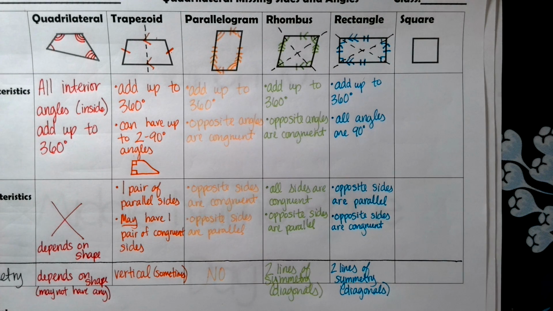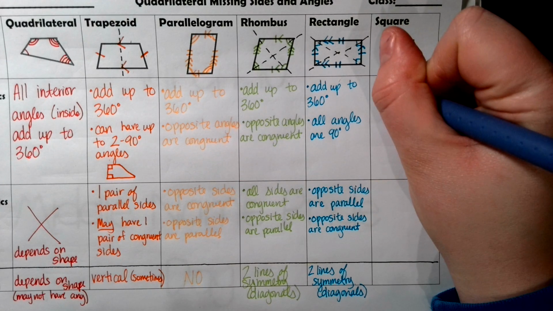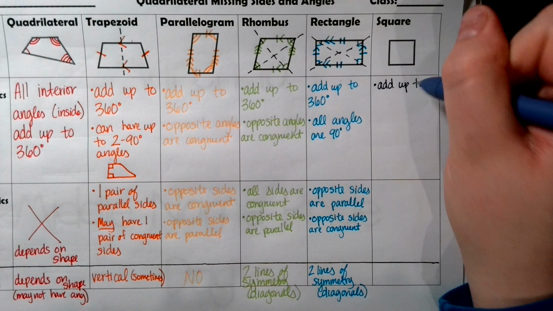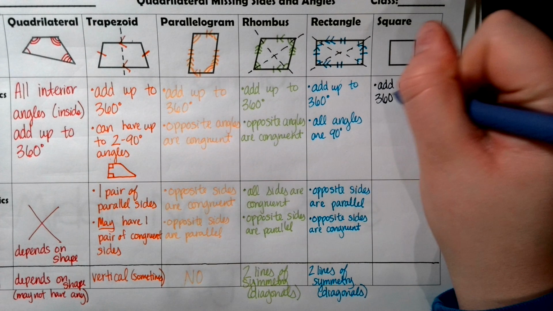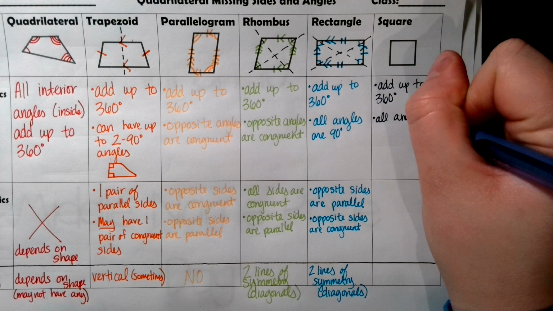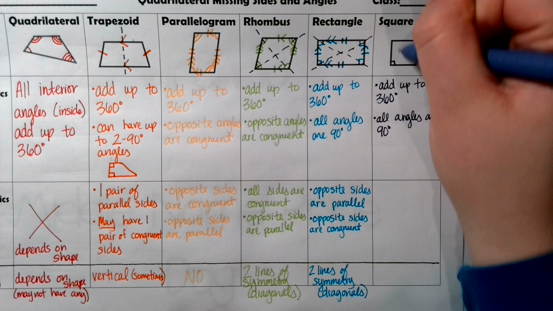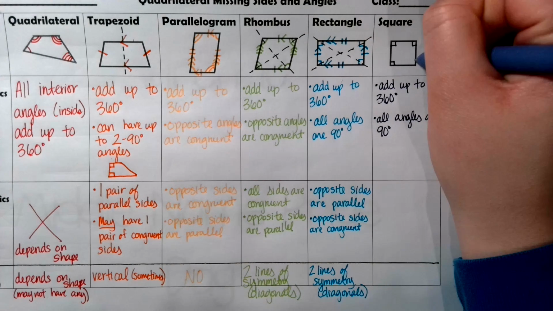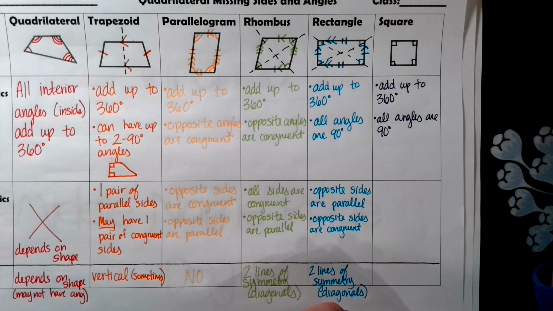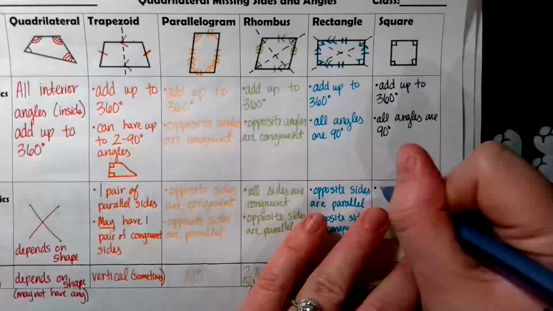Then our last shape, the square. What do you think all the angles are going to add up to? That's right, 360 degrees. And again, like a rectangle, all angles are 90 degrees. So we put those little boxes in the corner to show that it's 90 degrees. Opposite sides are again parallel.